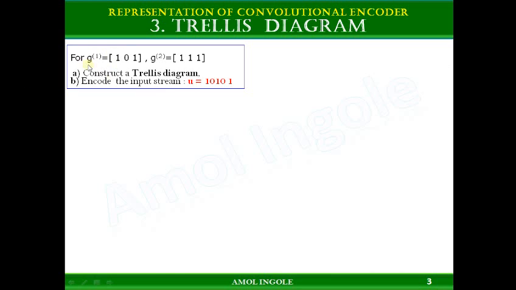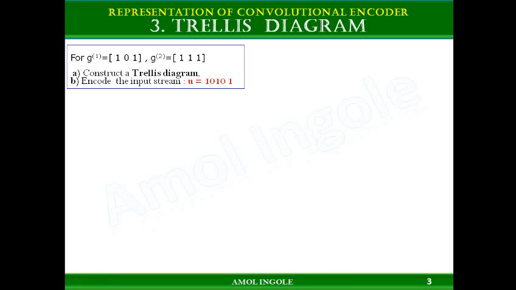This is the statement of the numerical where two generator sequences are given, G1 and G2, and you have to construct a trellis diagram and encode the input stream. There are 5 bits in the input bit stream, U is 10101. The first thing that you have to do is construct a response table, because to construct a trellis diagram, the first thing that you will need is a response table.